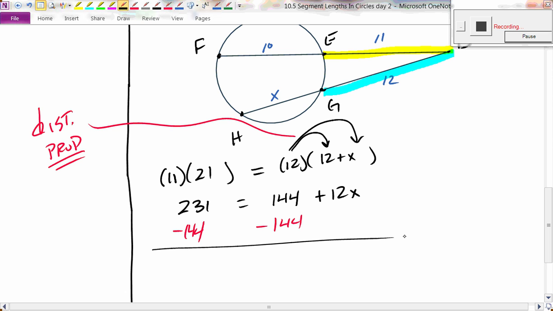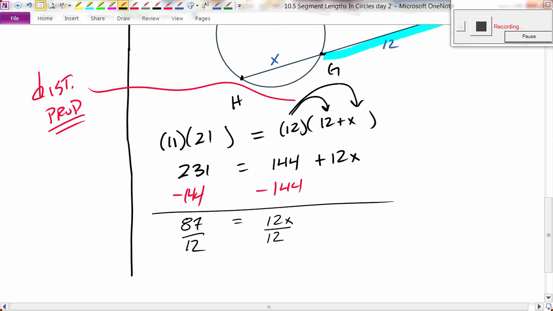What's 231 minus 144? 87. Equals 12x. To finish this off, Jared, what do I do next? You divide 12 on each side. You get 7.25. Can someone verify that? Equals x.